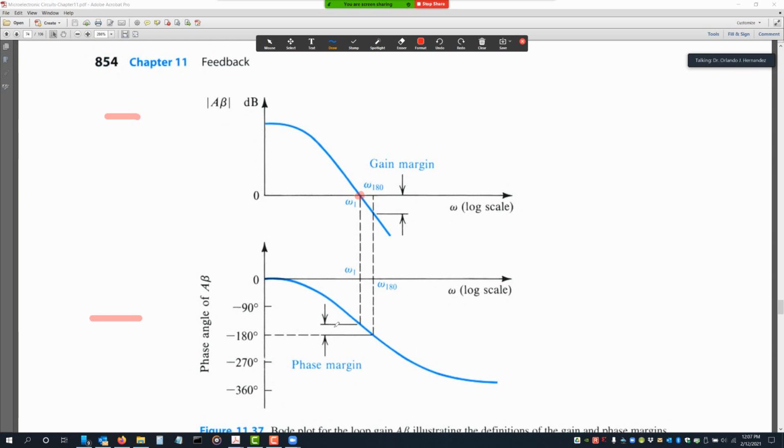So how far you are from 180 becomes your phase margin. Normally you want 20 dB of gain margin and 45 degrees of phase margin, that's adequate. You don't want to be too close.